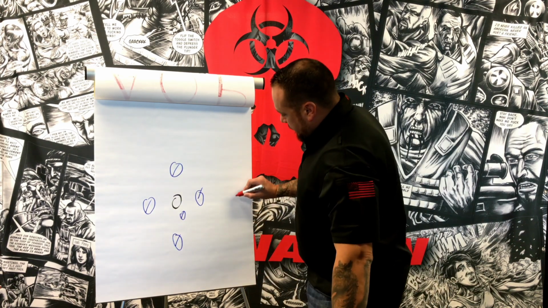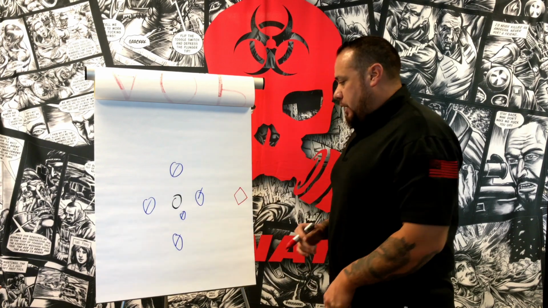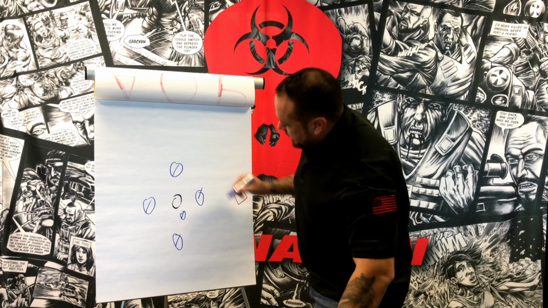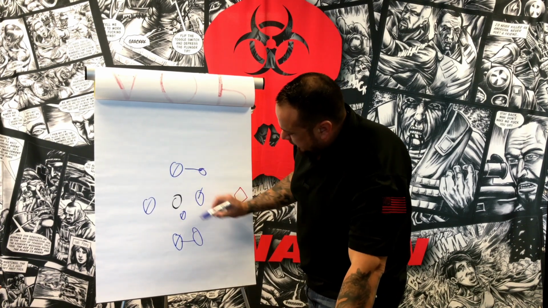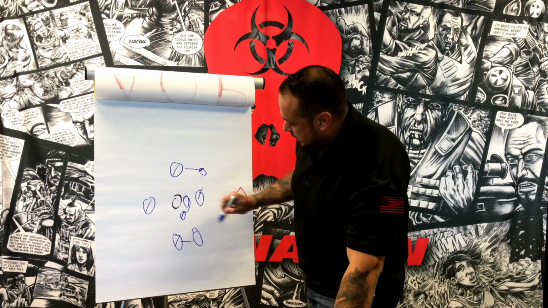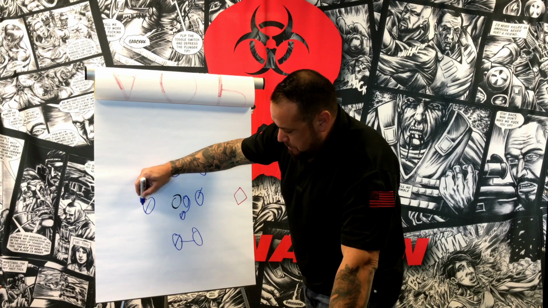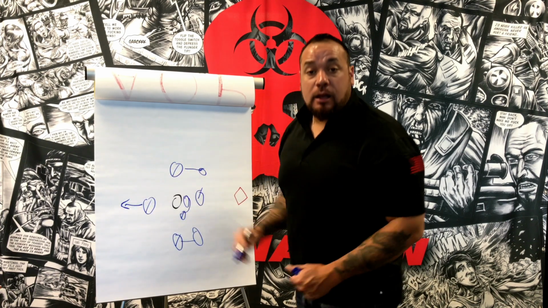Now, basically, if a threat emerged to the right, they'll call contact right, contact 3 o'clock. Basically, the lead comes up online, the rear comes up online, the AIC gets between the threat and the client, and the left security basically punches out to the direction, and the AIC and client follow him.